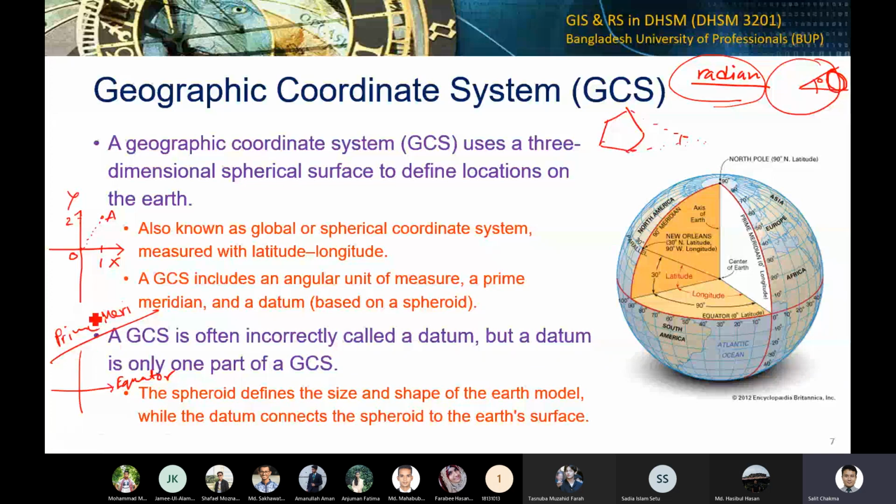So where the imaginary prime meridian meets the equator creates the 0, 0, or the origin point O. This is the origin point. When we draw another imaginary line from this point to the center of Earth, we find a 0 degree angle. So here is 0 degree latitude and 0 degree longitude.